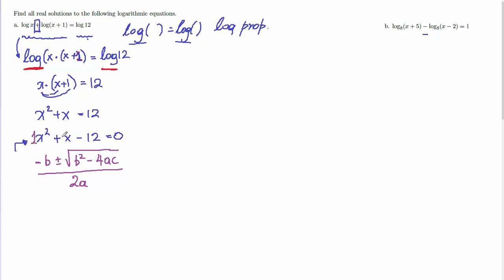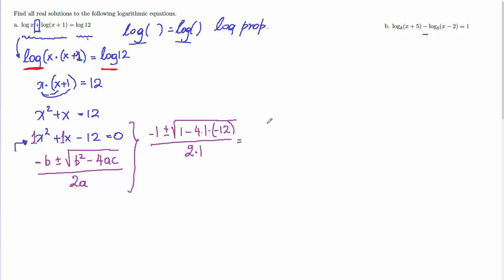So I have a 1 here and a 1 here that are invisible, and I can plug them into my quadratic formula. And what I have is negative 1 plus or minus the square root of 1 minus 4 times 1 times negative 12, divided by 2 times 1.